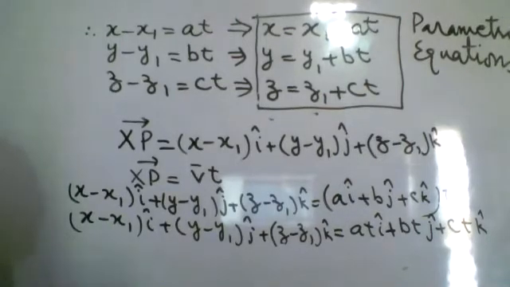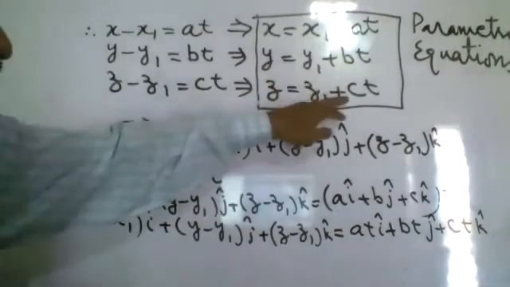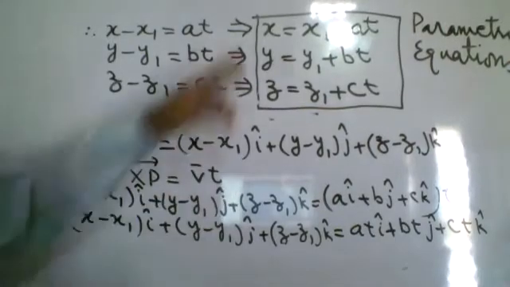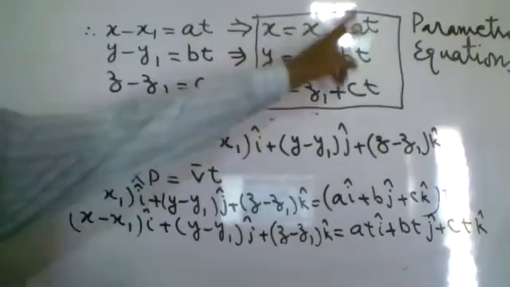Yes, the point x1, y1, z1 will be different. The point may be minus 1, 3, 5, 7, or the point may be 1 over 2, comma, minus under root 3, comma 5, etc. And a, b, c are the components of the given vector, so they also may be different. It may be 3i minus 4j plus 7k, etc. But x, y, z will be the same, t will be the same.